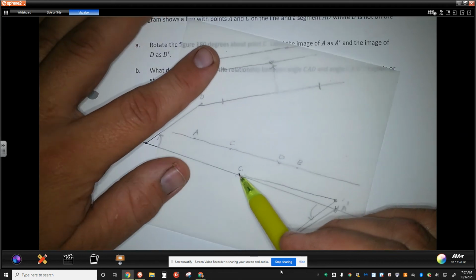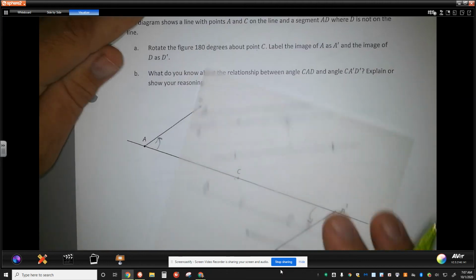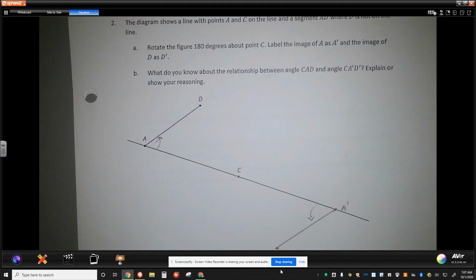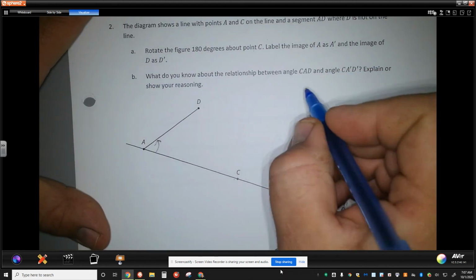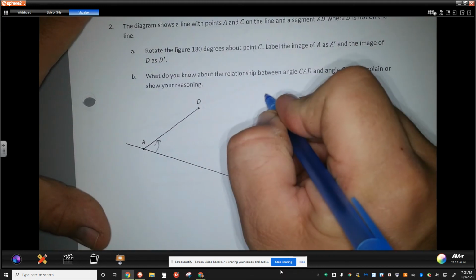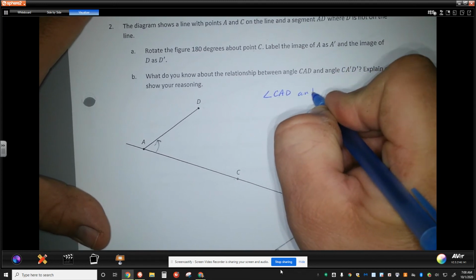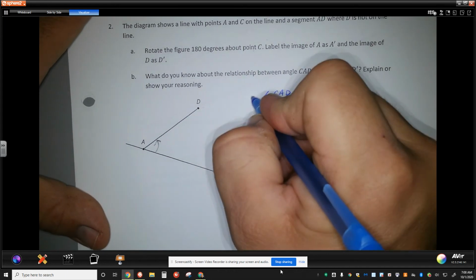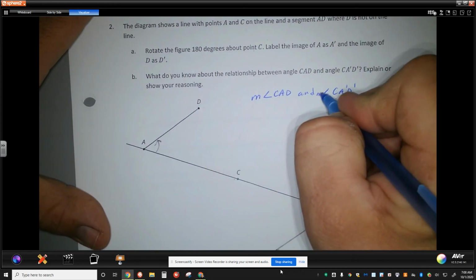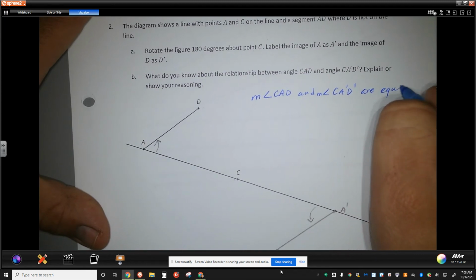And if you're thinking, well, this is a rigid transformation, that can't happen, you're thinking exactly what we need to have. Under rigid transformation of rotation, angle measures are preserved. So we would say, what do you notice about the relationship between the angles? I noticed that angle CAD and angle CA prime D prime, we're going to say measure, so M, measure of angle and measure of angle are equal.